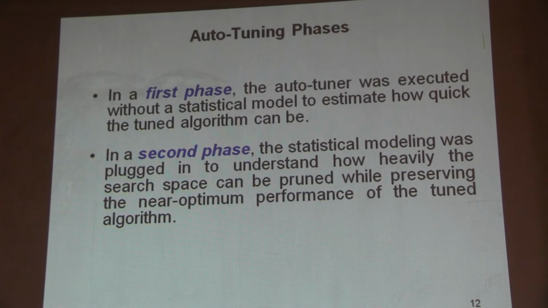And the experiment was split into phases. As I said, in the first phase, we executed all possible program variations, and it took a couple of days. And in the second phase, statistical modeling was put in just to get the idea whether it's possible to prune this search space.